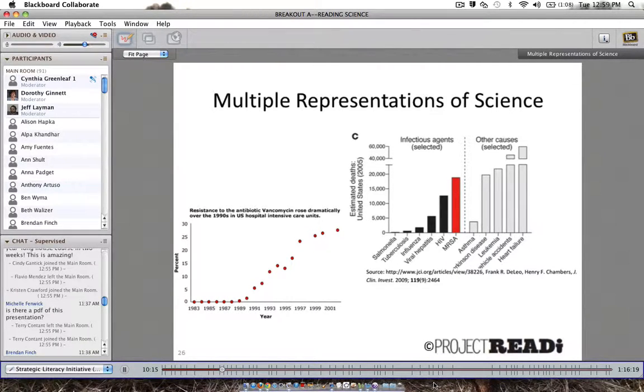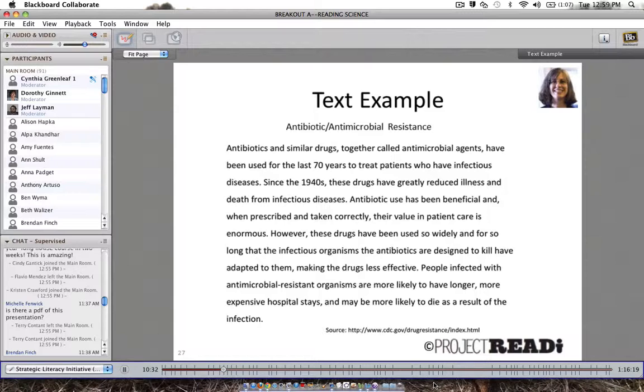Or they may read about antibiotic use as well as pore over several documents and models of natural selection in order to consider the mechanisms at play in the emergence of antibiotic resistance. So let's look at the next slide. They might use simulations or models of natural selection from other contexts to think through and model the evolution of MRSA.